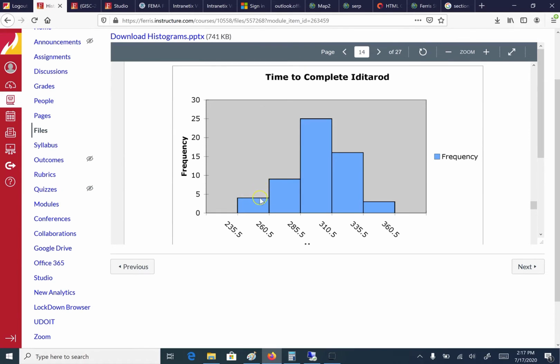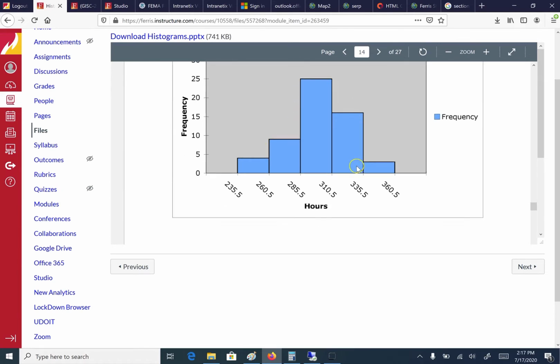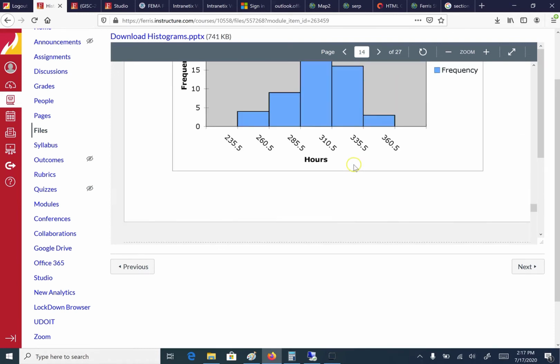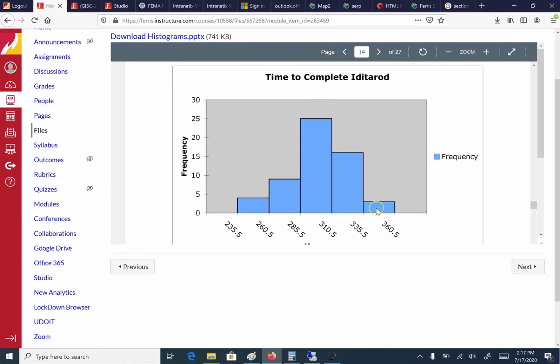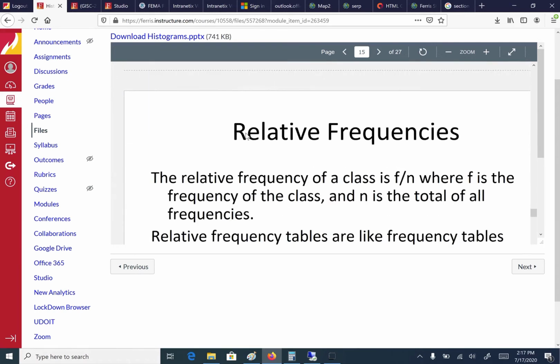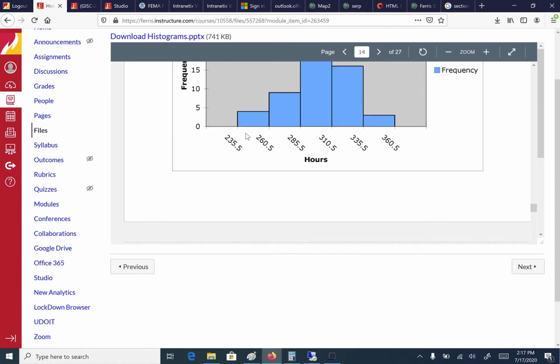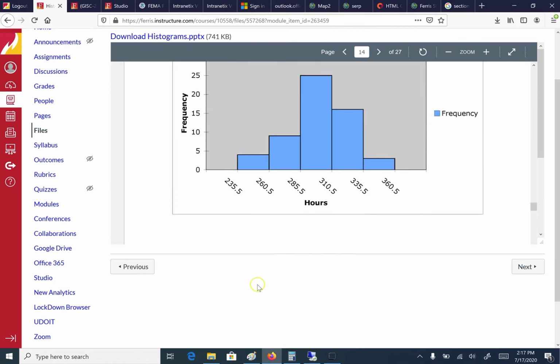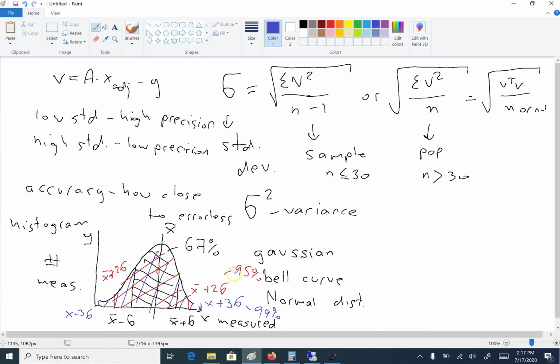And there's the distribution of the 5 classes of the Iditarod race. The x-axis is the measured value, the y-axis is the number of measurements. And there's another type of histogram. This is the frequency histogram. It contains the actual data, and there's another one called the relative frequency.